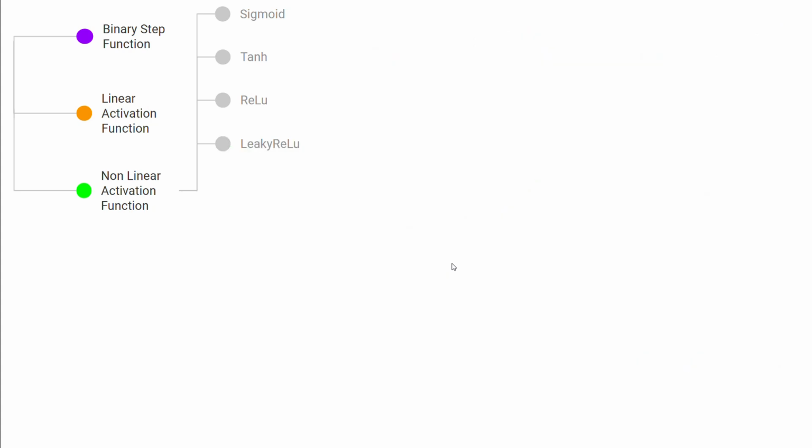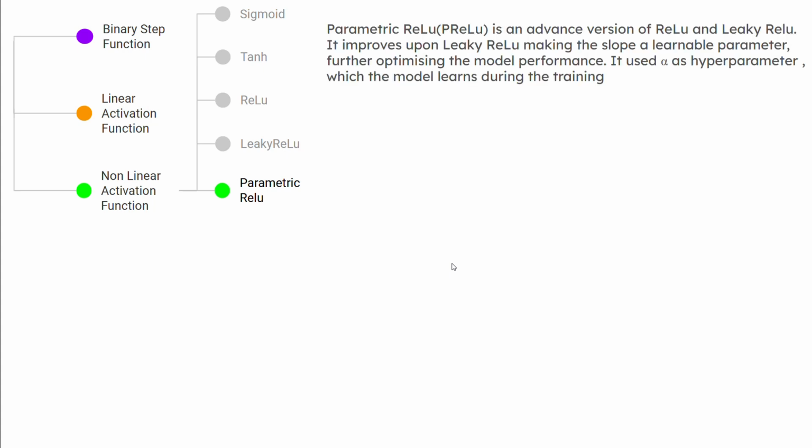So the next we have parametric ReLU. These are also variants of ReLU. In leaky ReLU you multiply with a small value. So what does parametric ReLU do? It is an advanced version of ReLU and leaky ReLU.